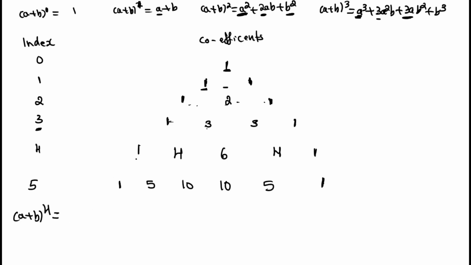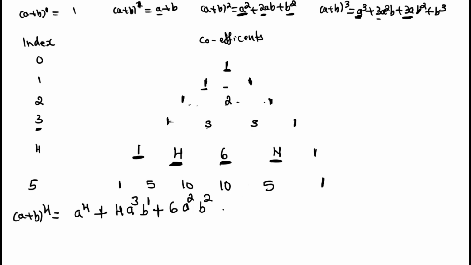So first, what you have to take is coefficient 1. 1 into a to the power 4 plus, now see, here b to the power 0, right? I'm not going to write that one. Then consider the coefficient. What's the coefficient? 4 into a to the power 3, the power of the first term decreasing by 1 and the power of the second term increasing by 1. Next plus, here you can see 6, the power of a decreasing by 1, the power of b increasing by 1.